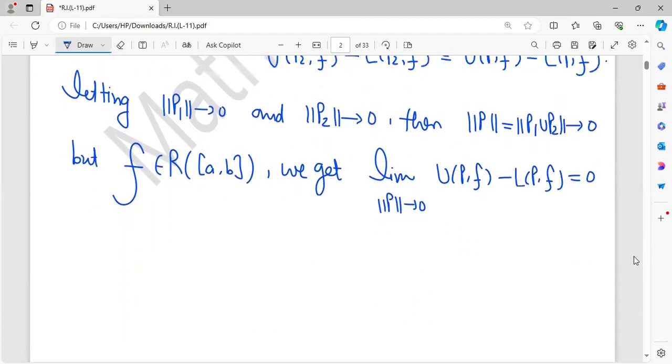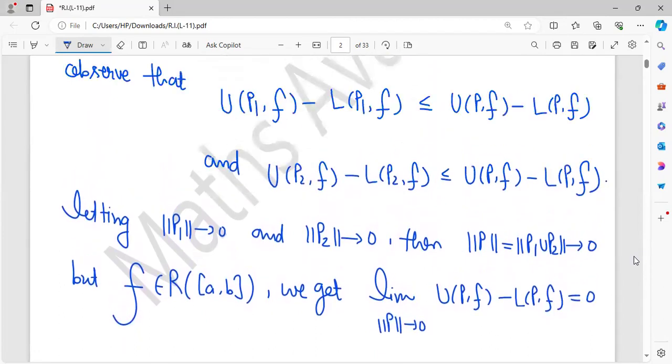So when norm of P tends to 0, norm of P1 and norm of P2 tend to 0, but f belongs to R[a, b], so this is 0.